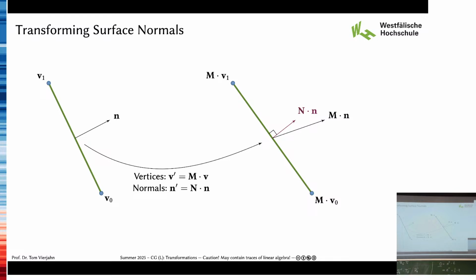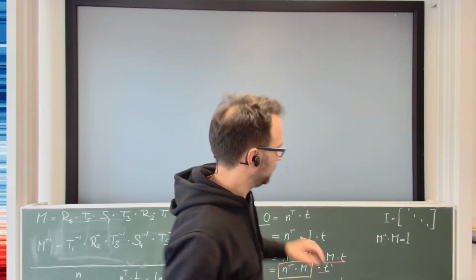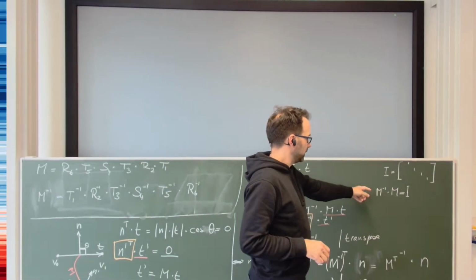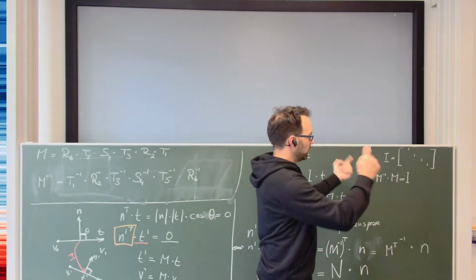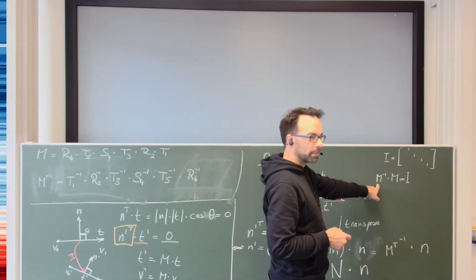So, any questions for this one? Yes. So you basically suggest to take this product, rearrange it, or with the identity matrix, try to figure out what this matrix should be.